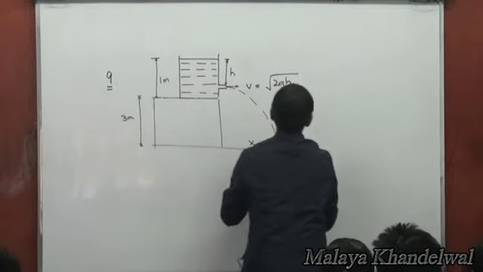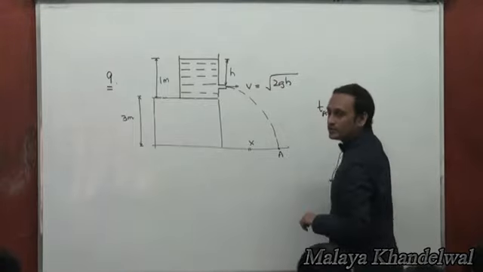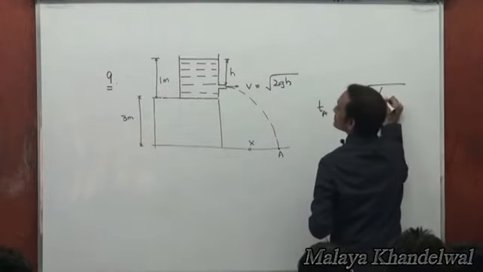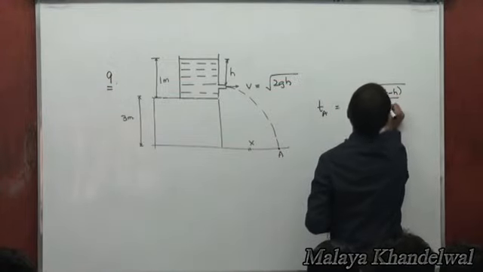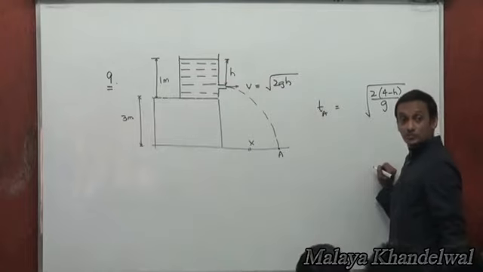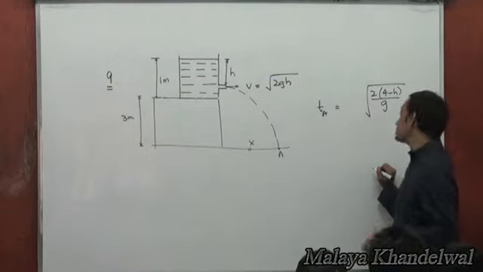So the time taken to reach the point A is going to be root 2 times the height through which it falls, which is 4 minus H, by G. Root 2 times (4 minus H) by G is the time it takes to descend, with 0 initial vertical velocity.